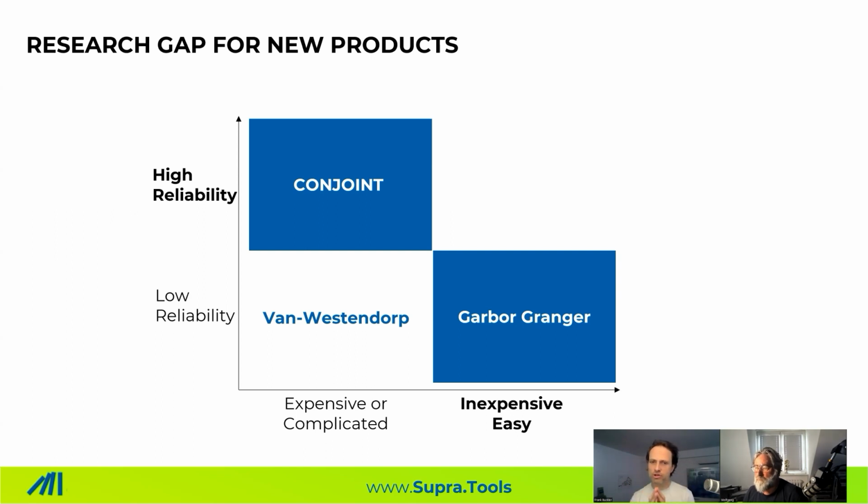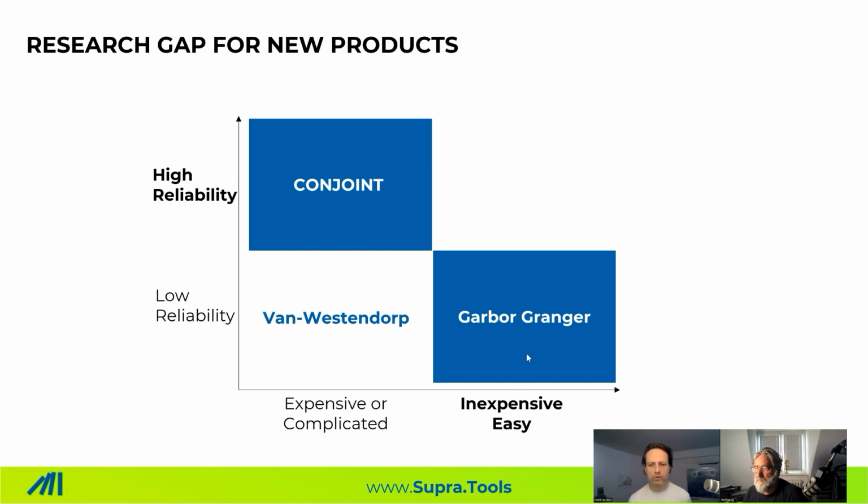This method is pretty interesting because it asks openly and lets you find the price range which is doable in the market. But it turns out that the reliability is rather low, and interpreting the results is not so easy. That's why it's put here at the lower end.